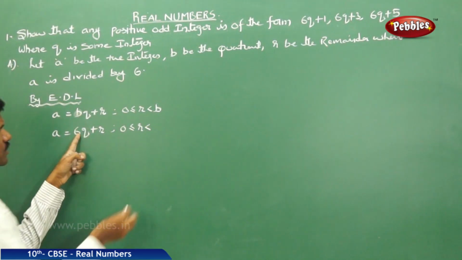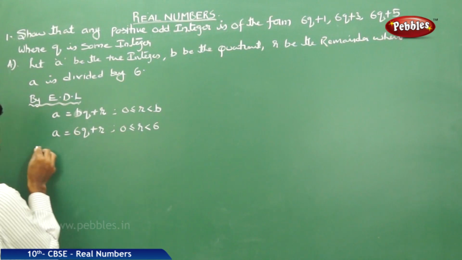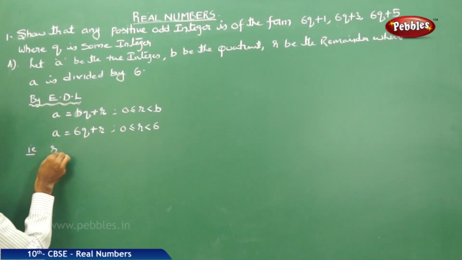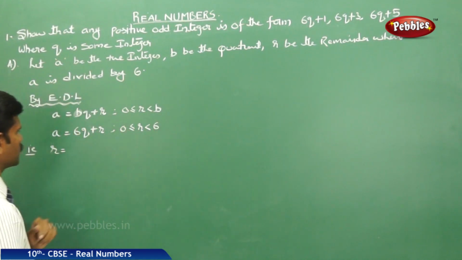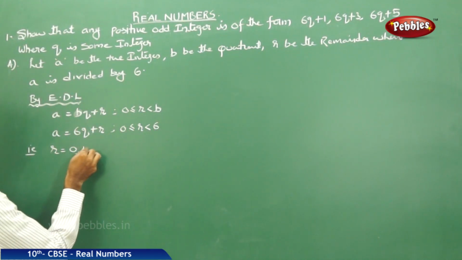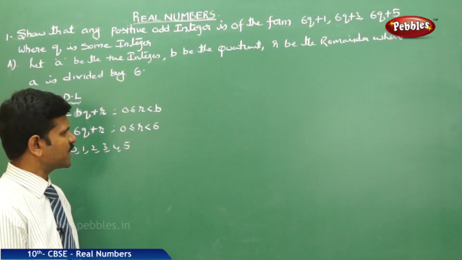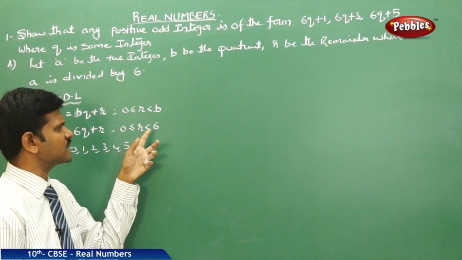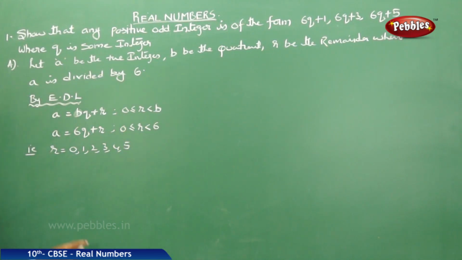In place of b, 6 is there. So r values are 0, 1, 2, 3, 4, 5. Why? Because your r value is less than 6, that means you can consider only up to the number 5. Let us consider the cases.